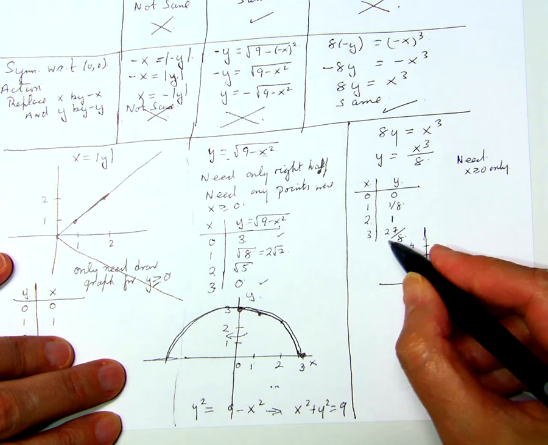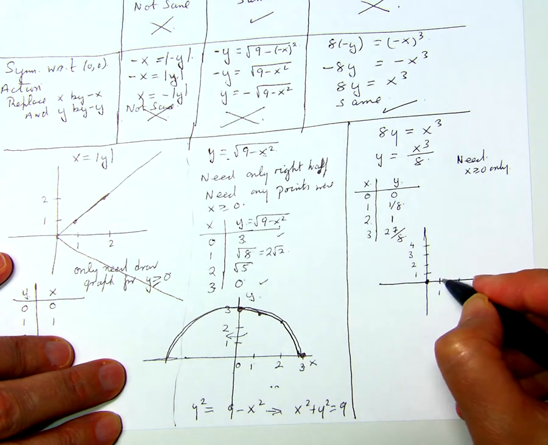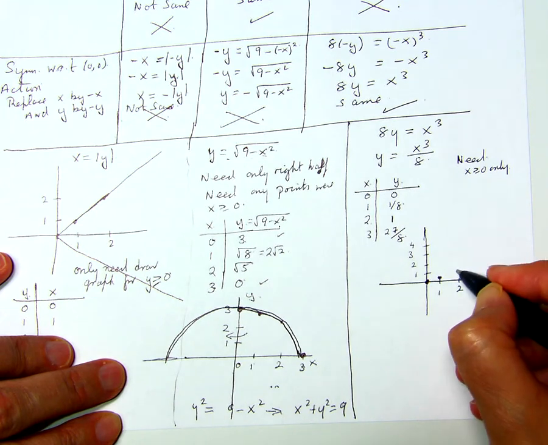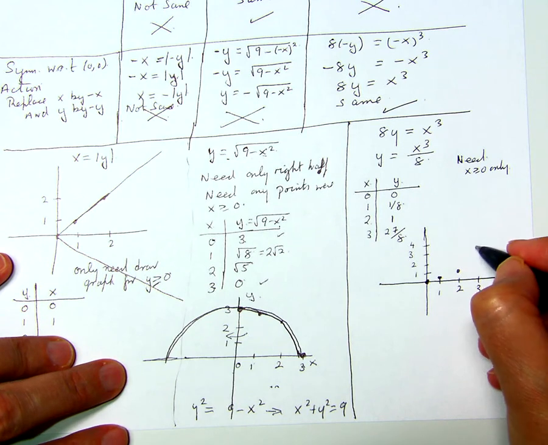When x is 0, y is 0, so (0, 0) is on the graph. Then 1 over 8, then (2, 1), and then we see a big jump. (3, 27 over 8), which is 3 and 3 over 8, so it's up here somewhere.